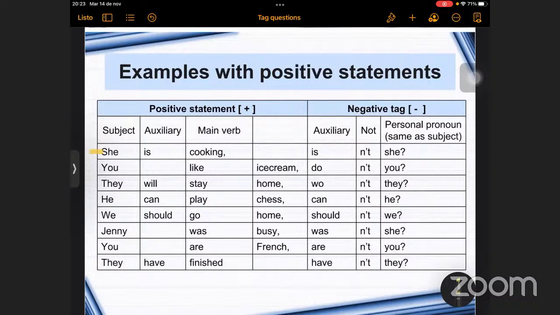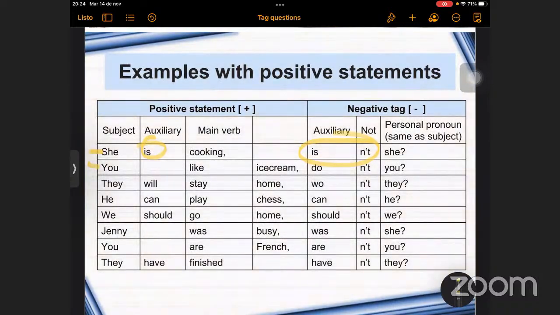What is the auxiliary in the first example? She is cooking. Is. Thank you. This is in positive. I'm going to make this auxiliary negative to make the tag question, okay? She is cooking, isn't she? Can you see that?